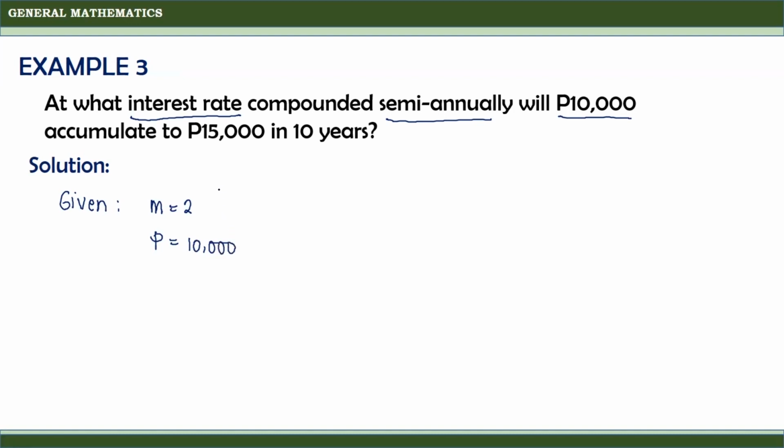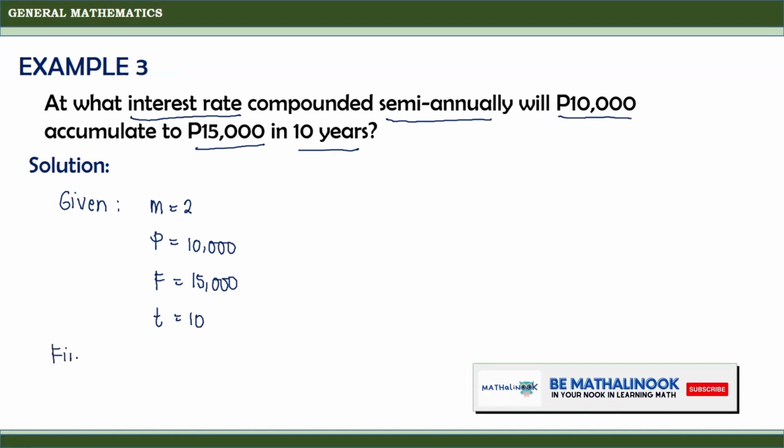The accumulated amount is 15,000, therefore F is equal to 15,000. And it was invested for 10 years, therefore T is equal to 10. Again, what we need to find in this problem is IM.